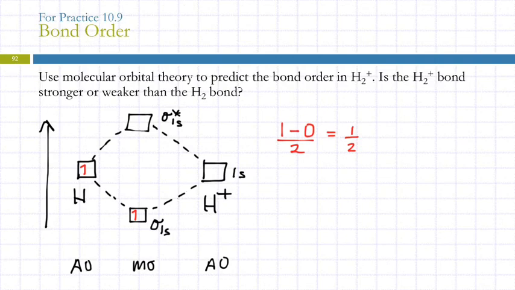So which one is stronger, H2 or H2+? H2 is stronger, right? So this is answering the question that's given here. This is the bond order for the H2+. Is it stronger or weaker? It's weaker. This bond is weaker because its bond order is smaller than the bond order for H2. Any questions?